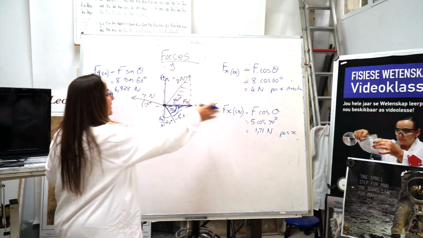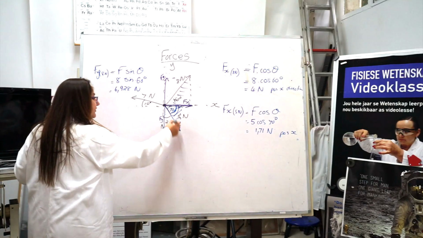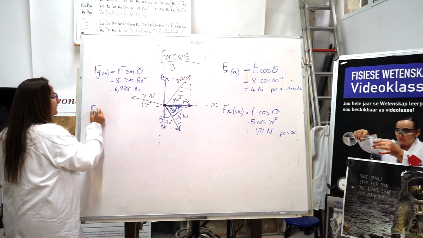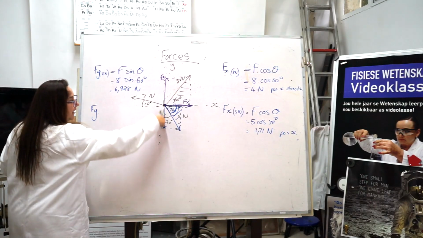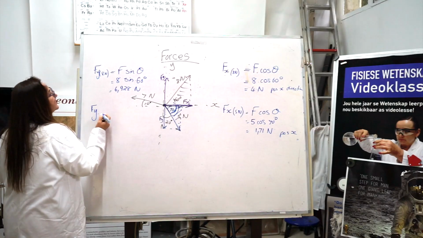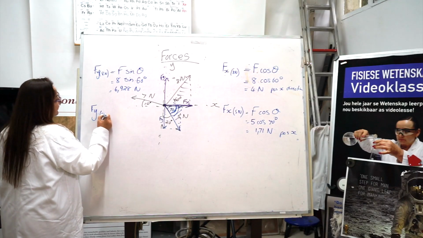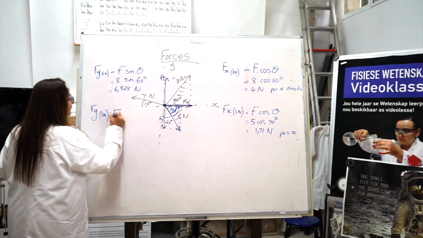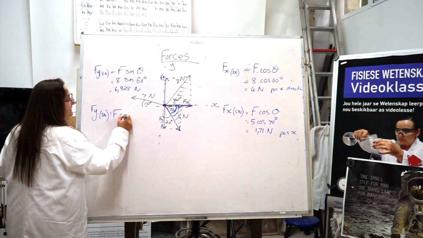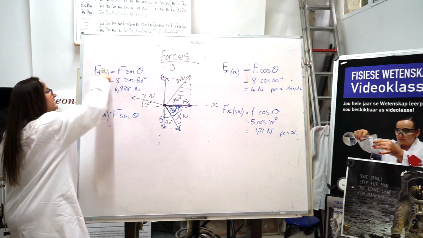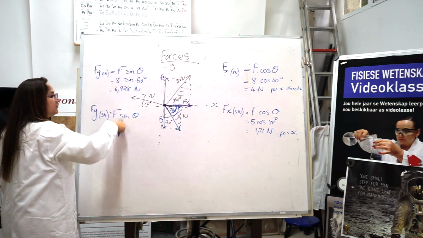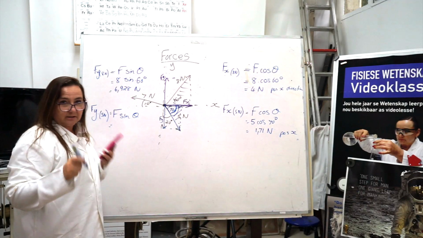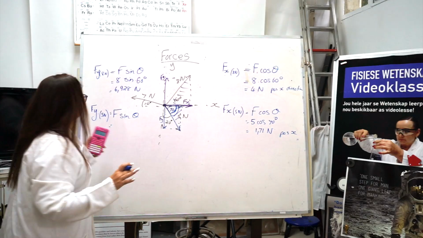Alright, so now I've got the Fx of that one. Same thing here. Now I want to have the Fy, my y component of the 5 Newton force. So that would be F, given already, and now it's sin theta. So you can see my Fy every time will be sin, my Fx would every time be cos theta. So you're going to remember it like that.